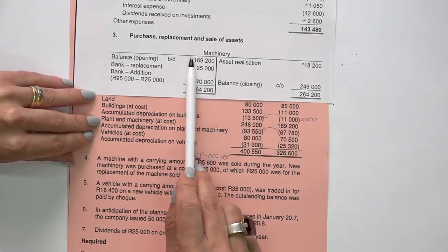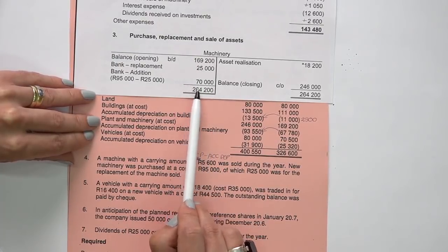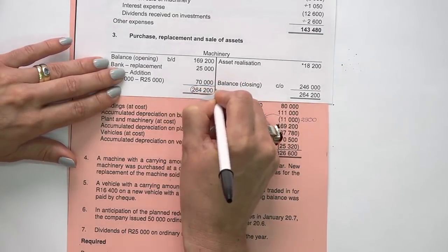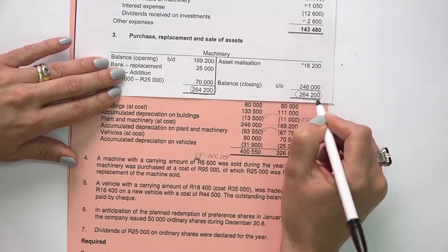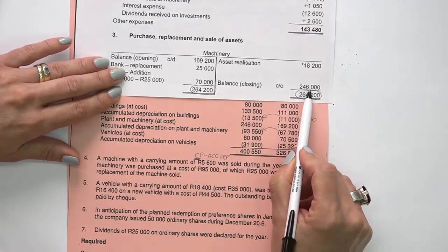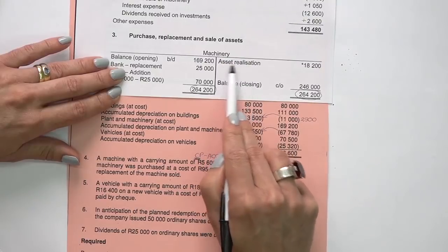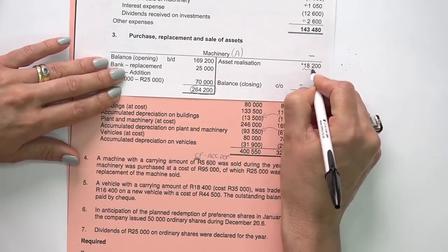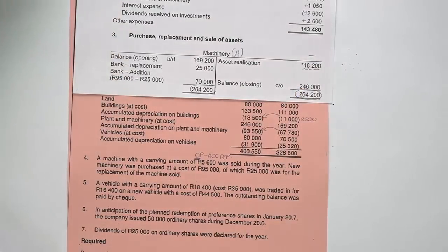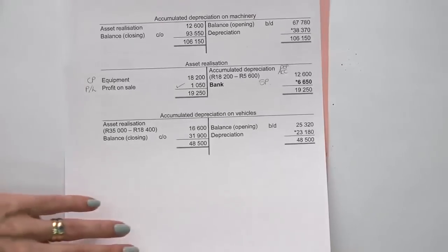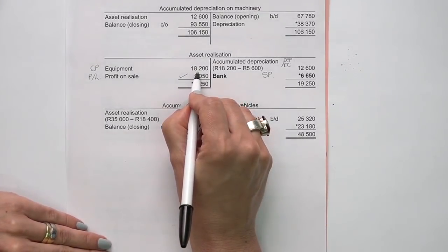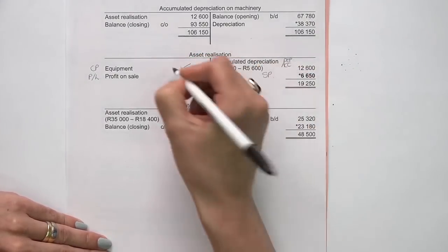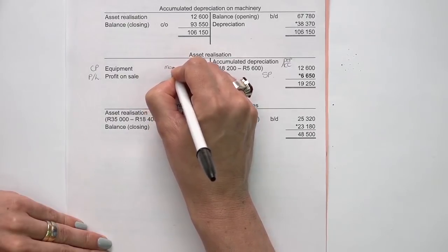So if I have my opening balance plus my additions, the credit side must also add up to 264,200. It only has 246, so my asset realization, machinery is an asset, so that means it decreased on this side. The 18,200 is then my cost price of the disposed of asset. Cost price of the disposed of asset in asset realization, I can include as 18,200. That was my calculation from the machinery account.